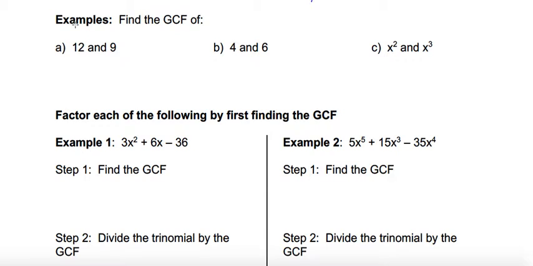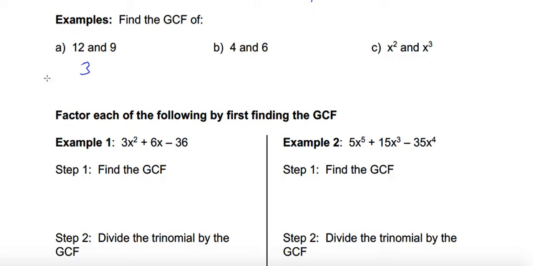So what is the largest number for part A that will divide evenly into both 12 and 9? It can't be any larger in this case than 9, because 9 is the smaller of these two terms. So what number will divide evenly into 12 and 9? Well, the largest number that does that is 3.